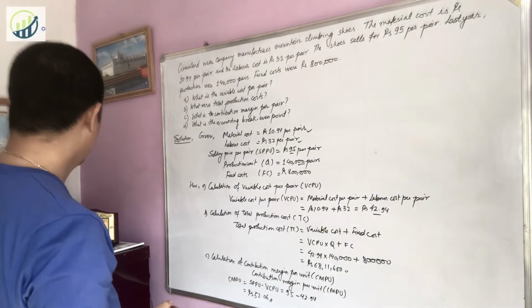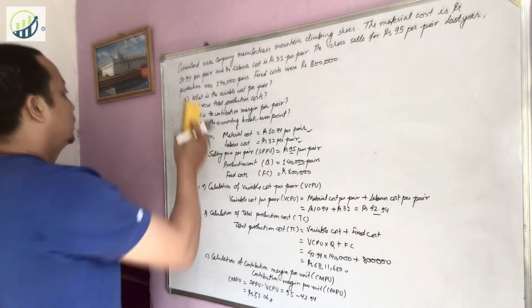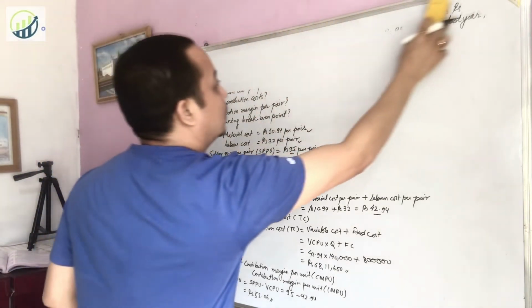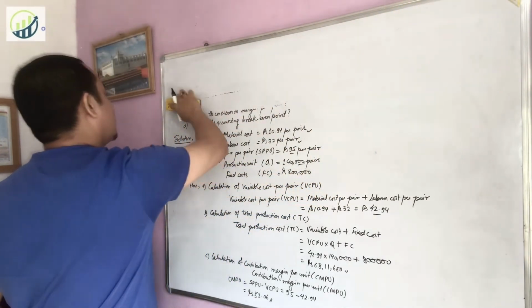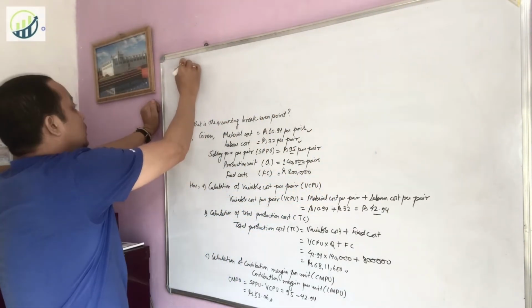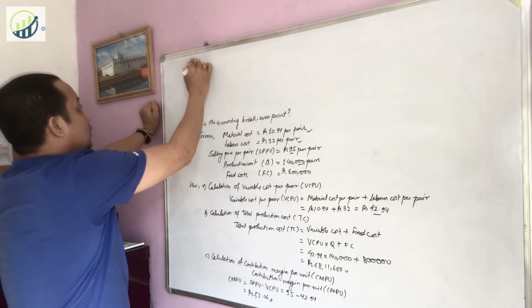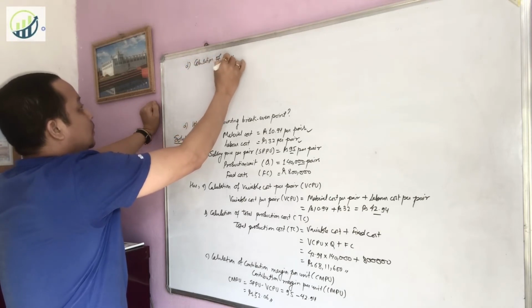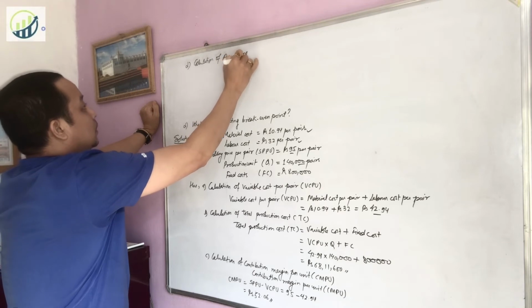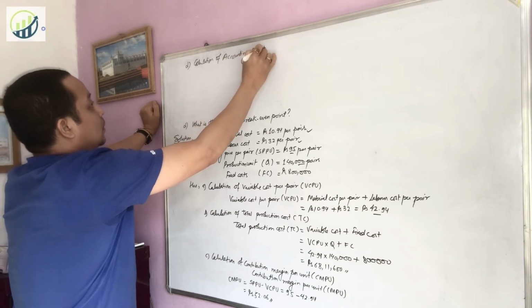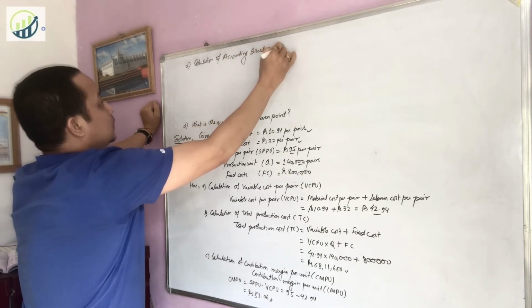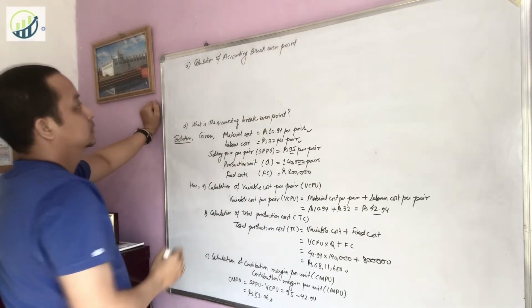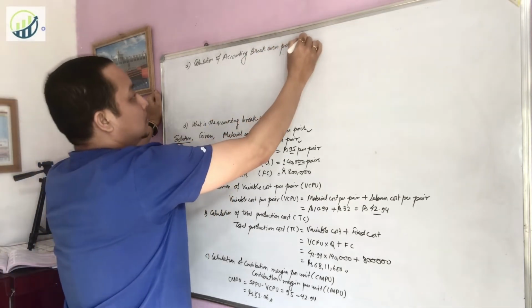Now the last one you have to find is accounting break-even point. The calculation of accounting break-even point, BEP.